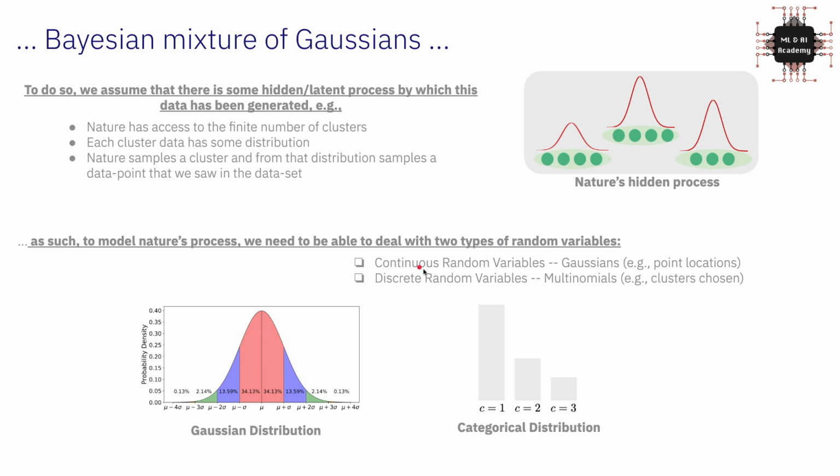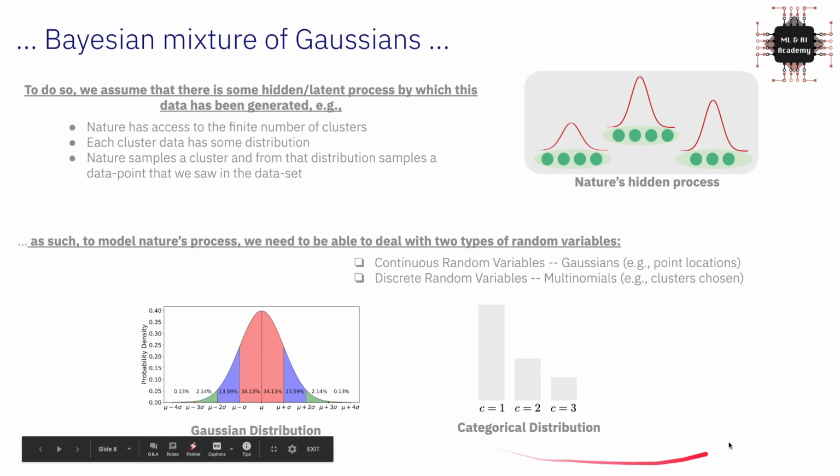We will need a continuous random variable that will give me the location of these green points, and a discrete random variable for the finite K number of clusters. So nature is picking from some categorical distribution, the cluster class, and from that cluster class, it is picking the relevant data point according to this Gaussian distribution to show it to me.